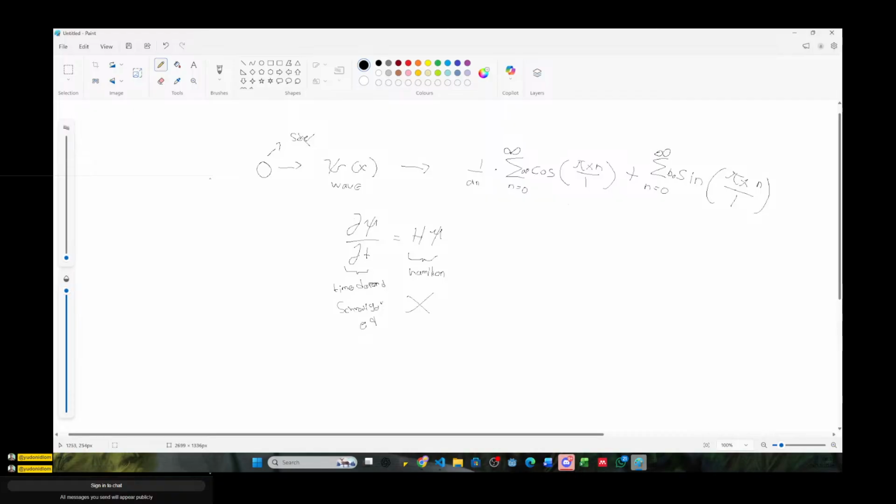If you use this Fourier transform, the wave is going to look like this. It is the sum of the cos and the sin.